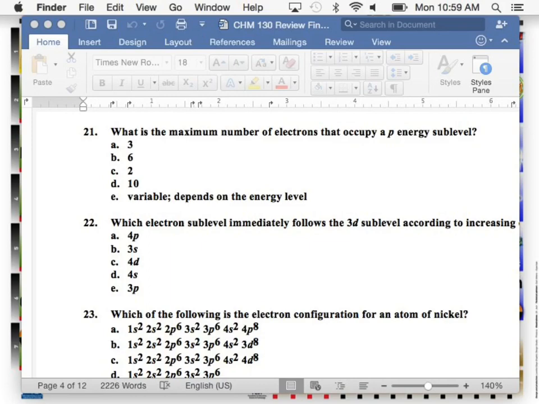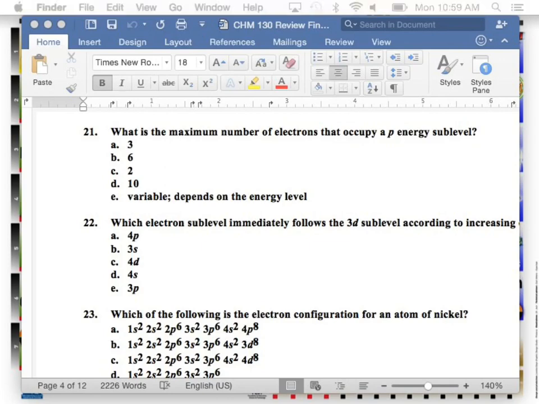It's right there. Oh, it just doesn't show up on my screen. Okay. What immediately follows our 3D? Yeah, it's our 4P. Yeah, I'd have to go back and check. Here, we can do this. Reconnect.